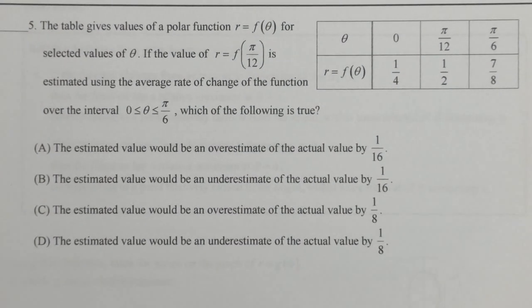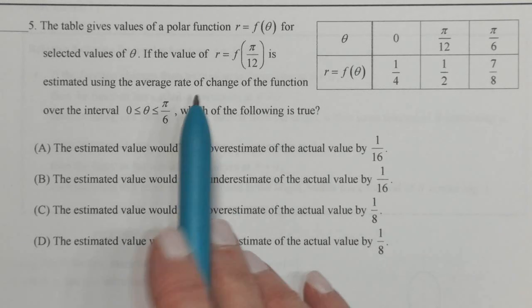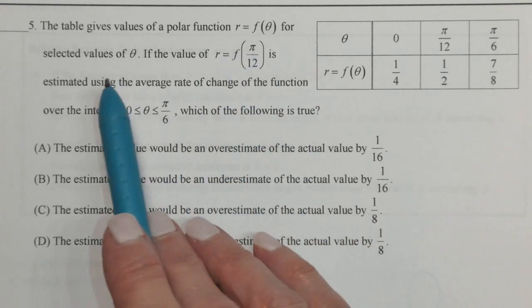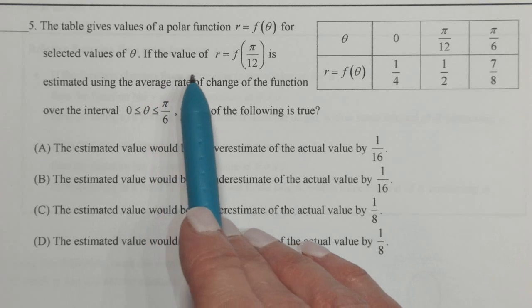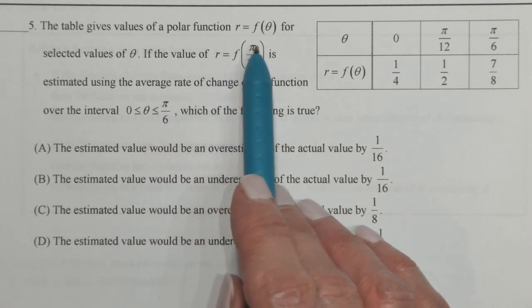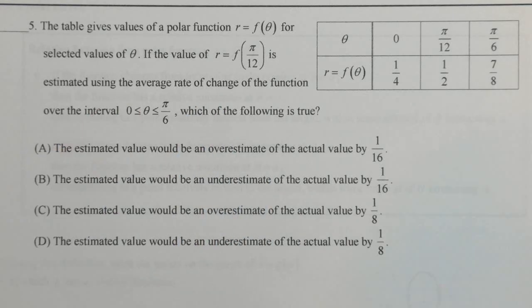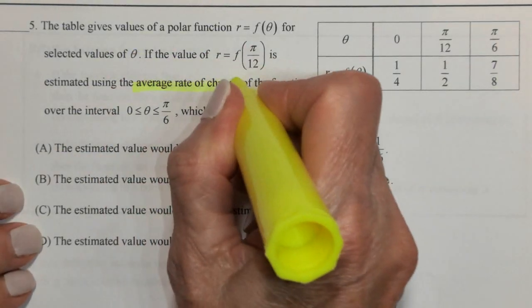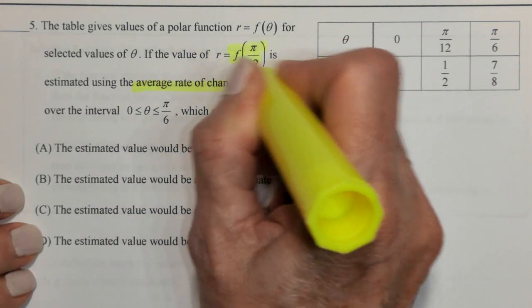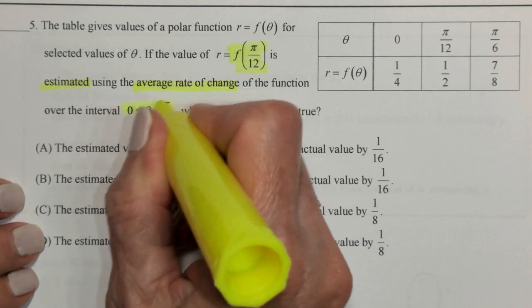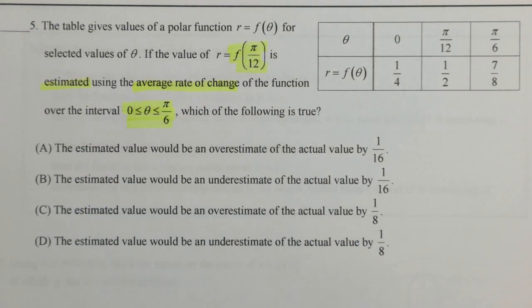Okay, let's do another one. This table gives values of a polar function for selected values of theta. If the value of f of pi over 12 is estimated using the average rate of change of f from 0 to pi over 6, which of the following is true?